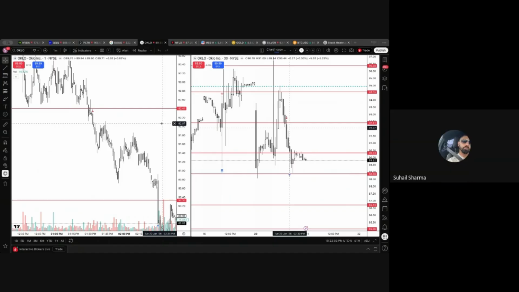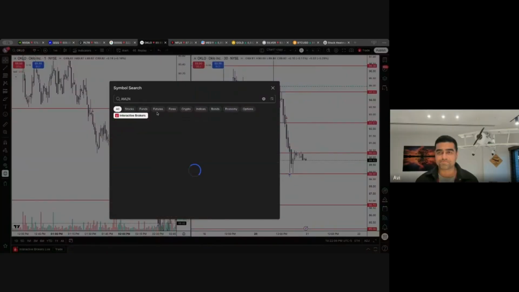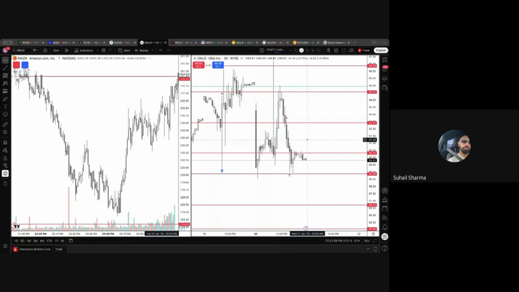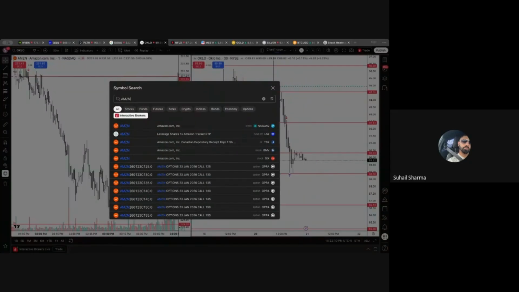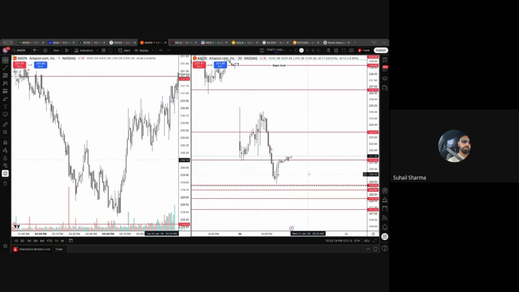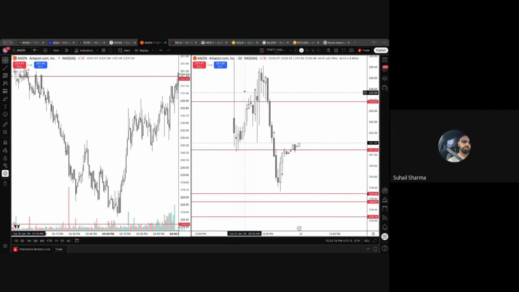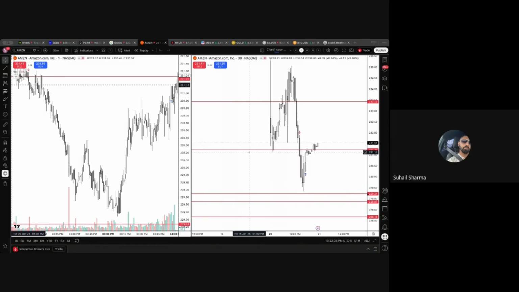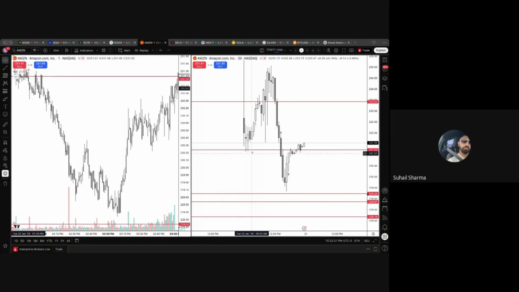And another one, that was Amazon. Almost same setup. So on the 30 minute, it pushed up and alerted me here, when it broke the low of the day and low of pre-market. So this was low of pre-market.